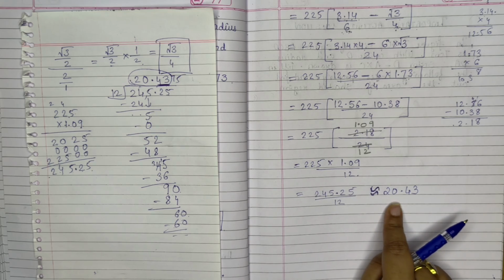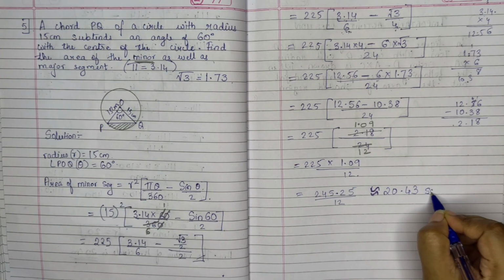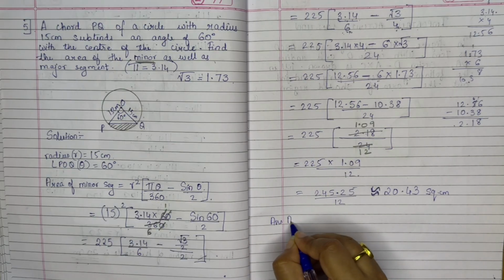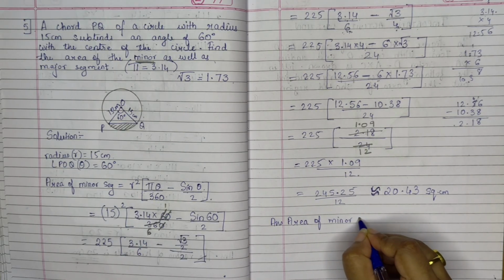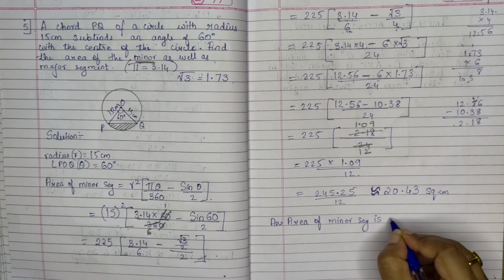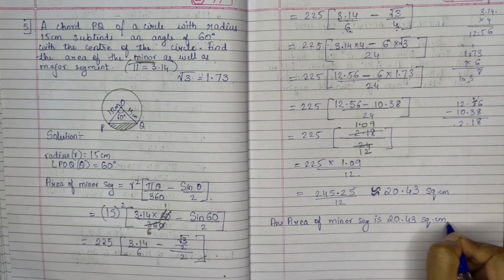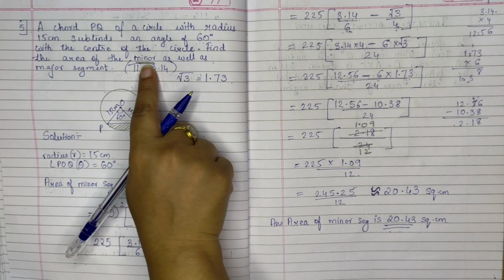So what we got is the area of the minor segment. So we can write the answer first over here. Area of minor segment is 20.43 square centimeters. Understood?